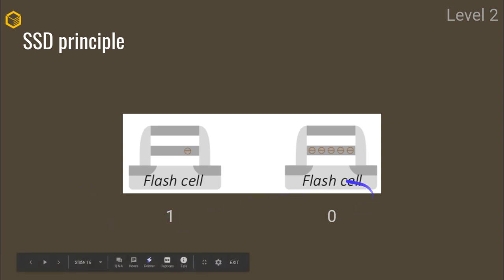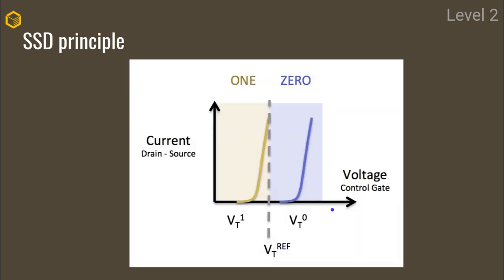And if I have a lot of charges on my floating gate, then it is a 0. And so based on the amount of charges I have, I will be modifying my voltage threshold. And so if I have very few charges, my switching threshold will be significantly lower than if I had a lot of charge.